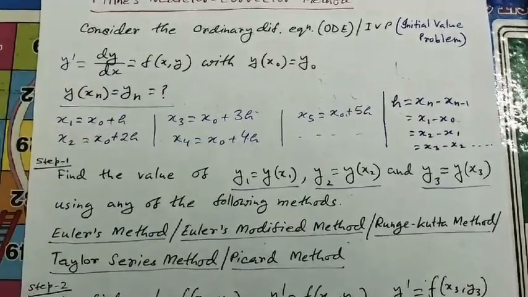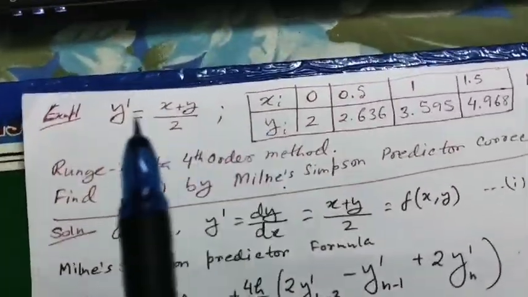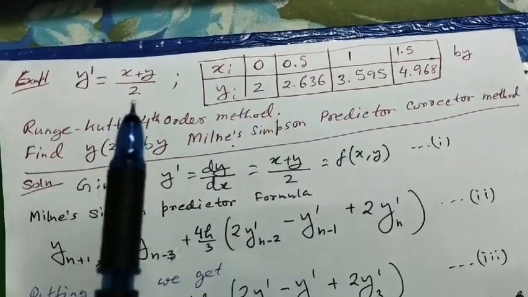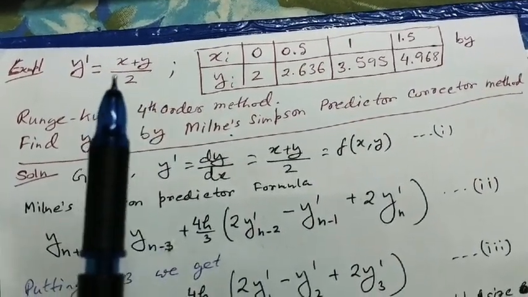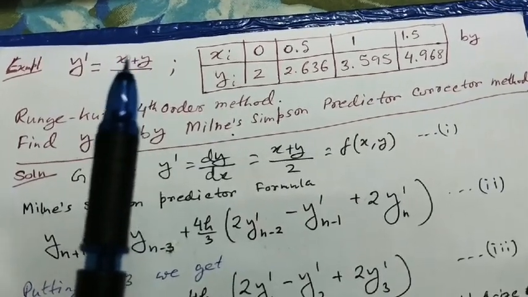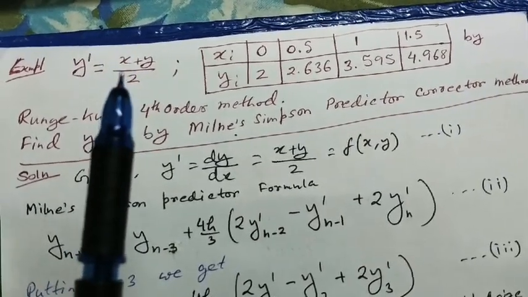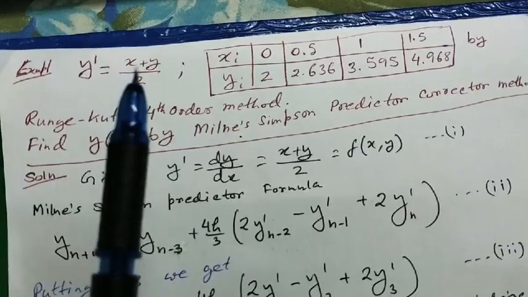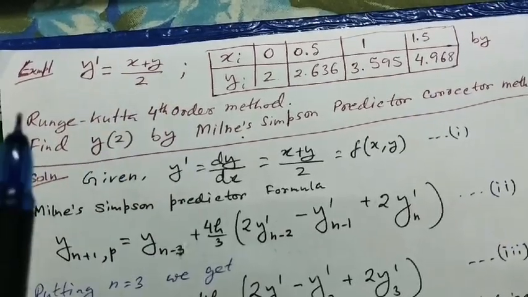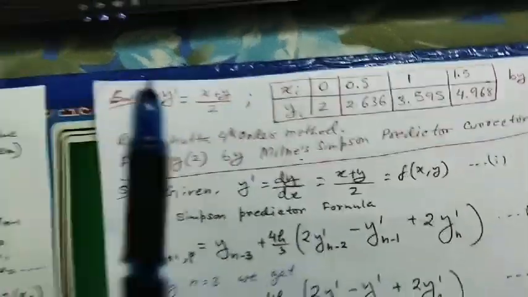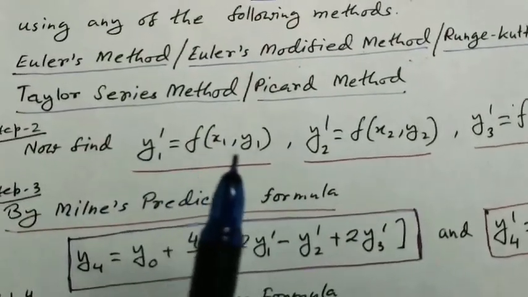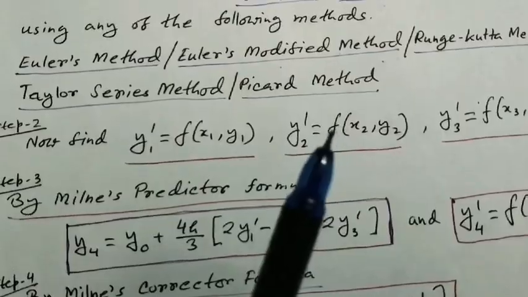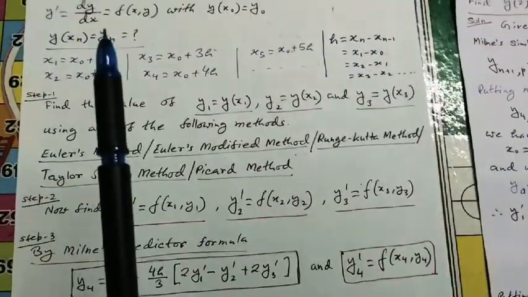For example, here y' equals (x plus y)/2. Simply put x1 and y1 in place of x and y, and we get the value of y1'. So y1' equals f(x1, y1), y2' equals f(x2, y2), according to this formula.